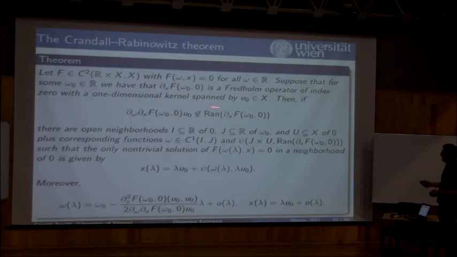This kernel is spanned by this vector u0 here, and if the second derivative applied to u0 gives you a vector which is not in the range of your first derivative right here, I just explained where the range condition is coming from, then you have a nice neighborhood, and in addition to the trivial solution, you get a non-trivial solution.